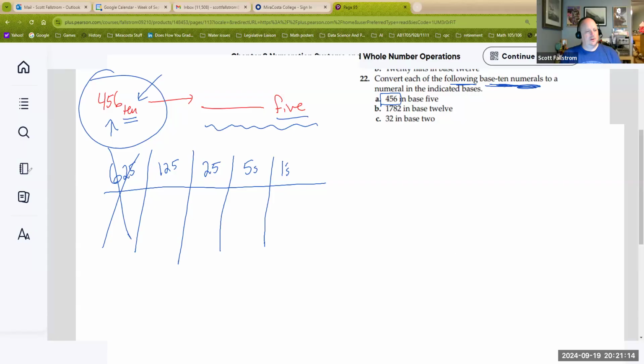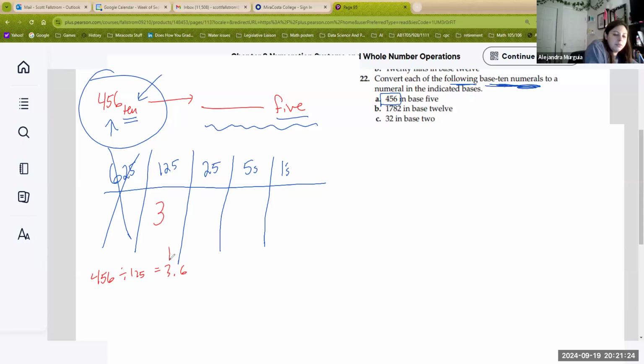Okay, so we'll put 3 in there. And again, you did 456 divided by 125, and you got 3.6. So that's the 3 goes in there. But then I need to subtract that number from the original number, right? Okay.